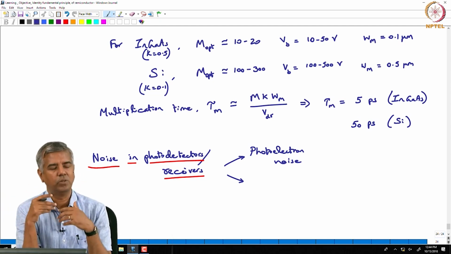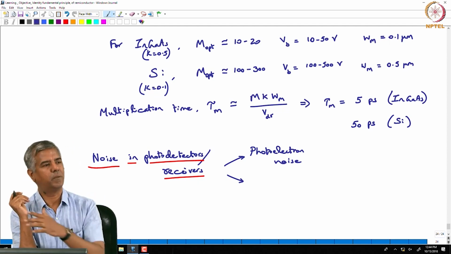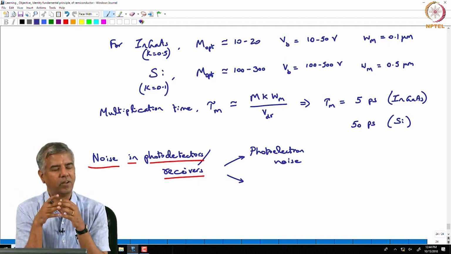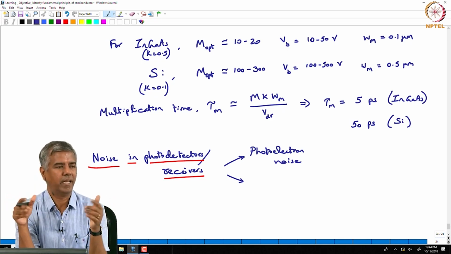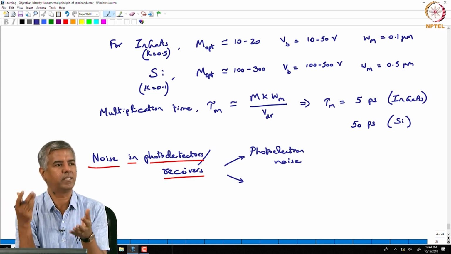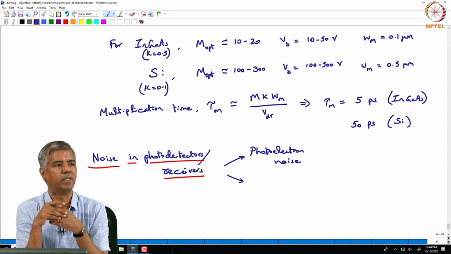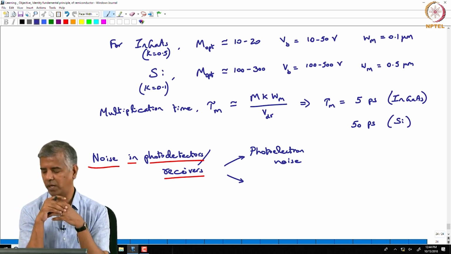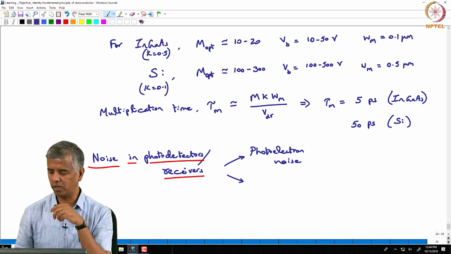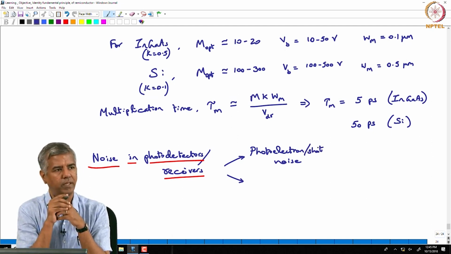So, what does that tell you? From a receiver perspective, you have photons that are coming not so uniformly, and the photoelectron conversion process is also impacted and does not happen so uniformly. So, you have this noise, which is also called shot noise.